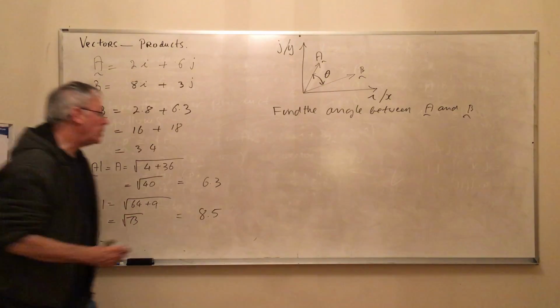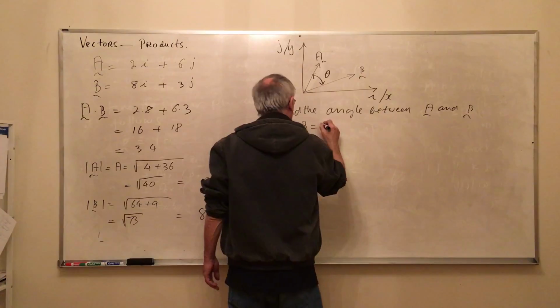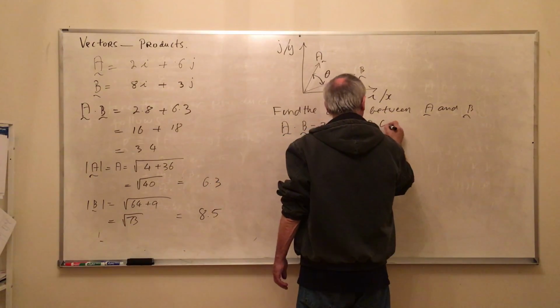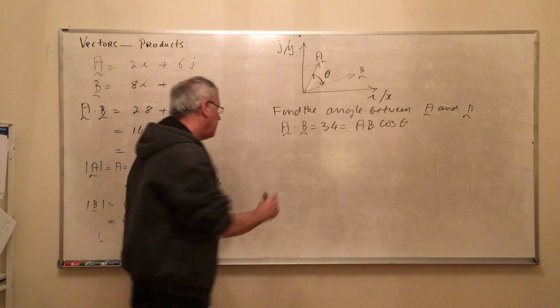Well, we have the definition. A dot B is AB cos theta.